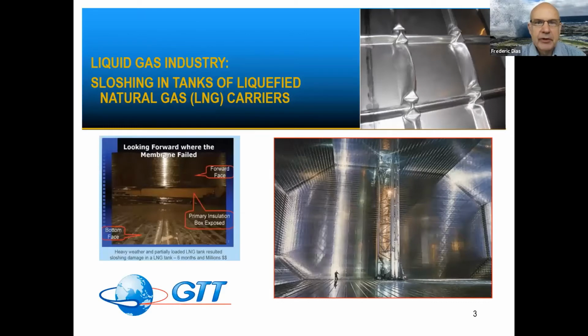Going back to the example of the liquid gas industry, this is an illustration of a tank of an LNG carrier. To give you an idea of the size, you see a human being at the bottom. Typically it's 40 meters by 40 meters. This is filled with liquid gas, and then the LNG carrier goes across the oceans and sometimes hits some storms. And so there is some sloshing and also some slamming can occur. And this is an example of some damage that was done on a ship.